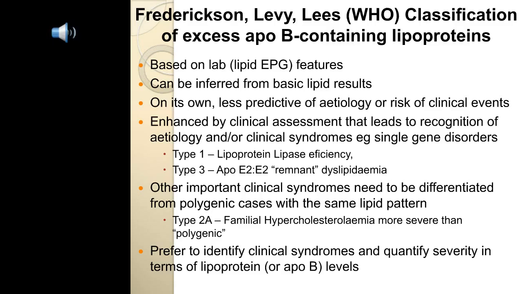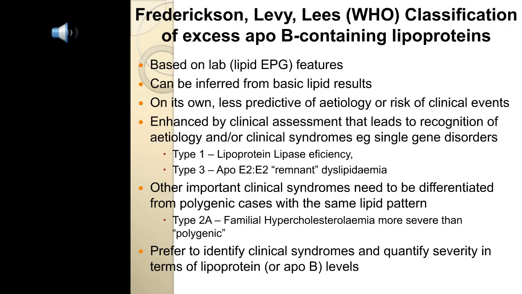That leaves us with the difficulty that the WHO classification method alone may not distinguish between two situations where the pattern is similar but the degree of risk is quite different. In the pattern of pure elevation of beta lipoproteins, that could be a polygenic cause which would constitute some degree of cardiovascular risk, but the pattern wouldn't distinguish it from familial hypercholesterolemia, in which the risk is very much more substantially increased.